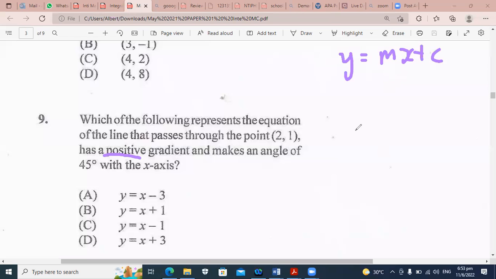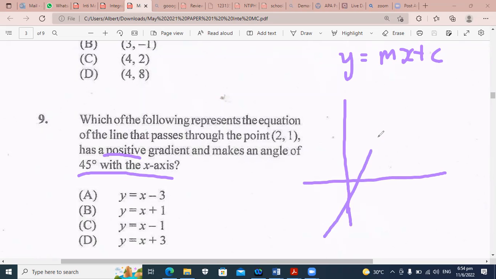And it also makes an angle of 45 degrees with the x-axis. So basically, let us say this is our axis, and that's our line. This is the y. That's our x.